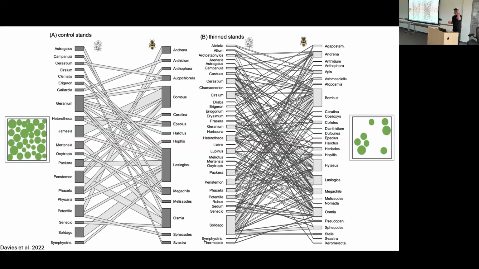Things started to get interesting for me here because one of the things we also noticed was that Cirsium and Carduus and other weeds, these are both noxious weed species, are also more prevalent in these thinned stands.